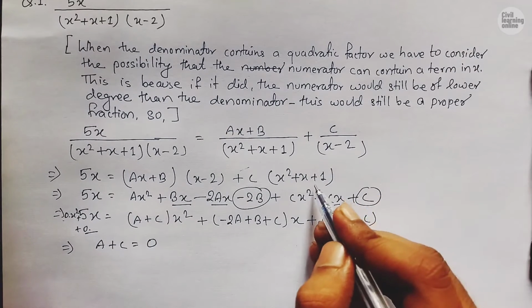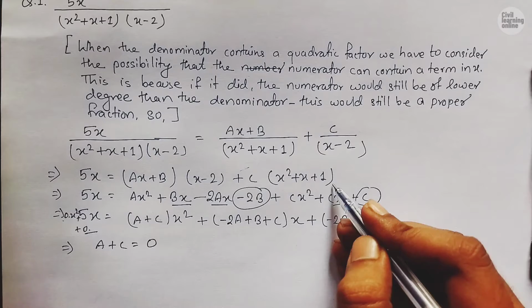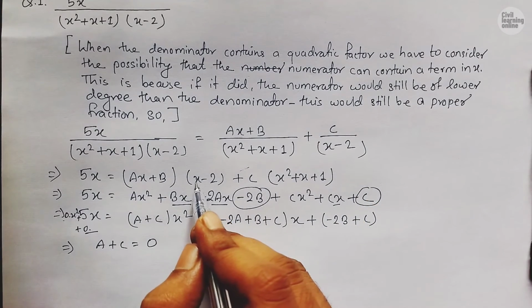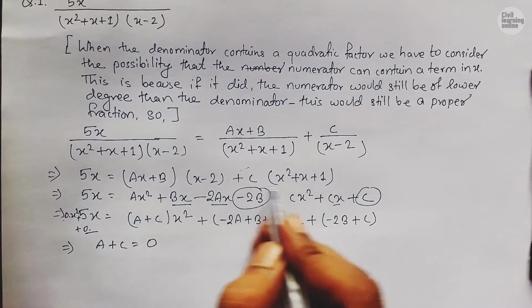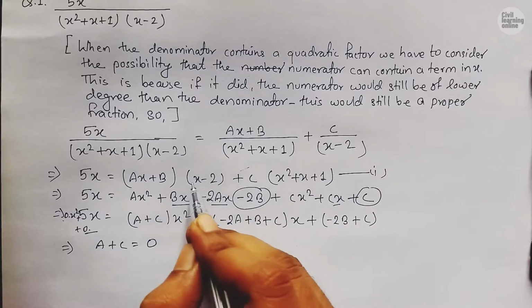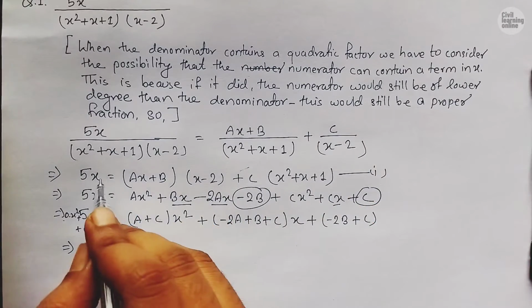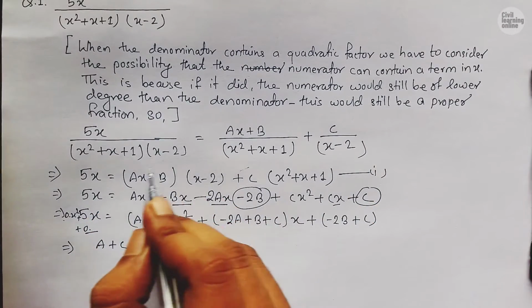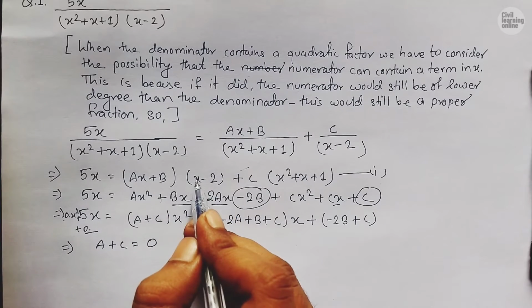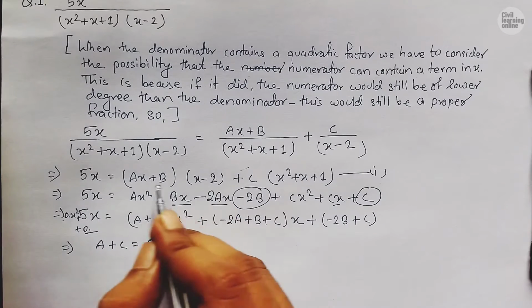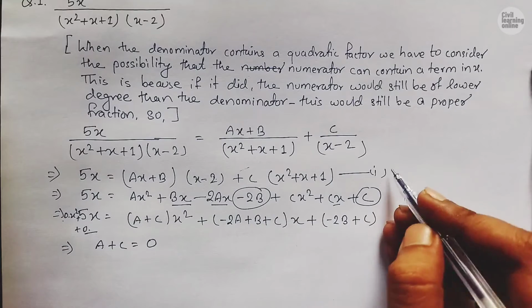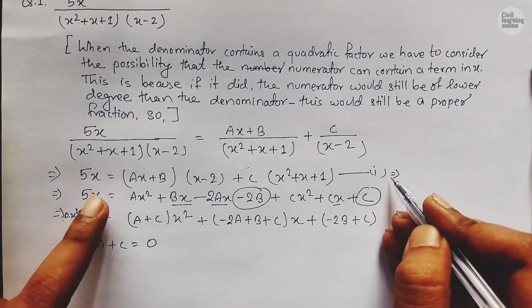And like we did in the numerical earlier, if we put x equals to 2 in this equation, this is equation 1, and if we put x equals to 2 in this equation, then this term will get cancelled out, because 2 minus 2 will get 0, and we can find the value of c from here.